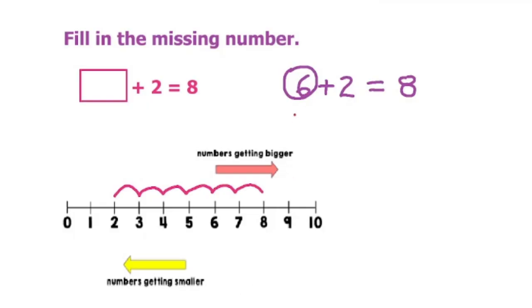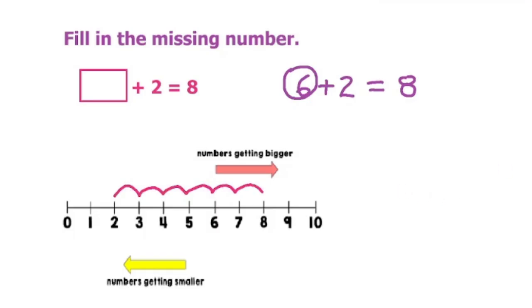You could remember that 6 plus 2 equals 8. You could always remember that as an addition fact. Or you could use the number line, start at 2, picture yourself at 2, and jumping until you reach the number you need, which is 8. And remembering how many times you jumped.